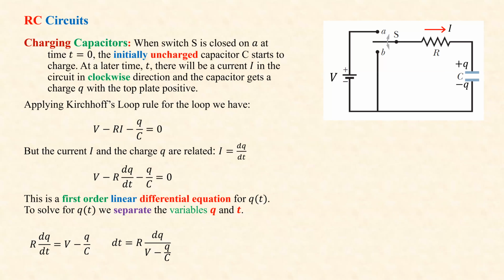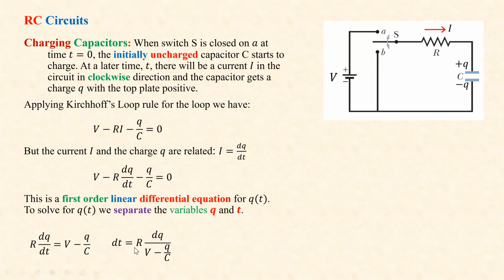And now you see that one side is only t, the other side is only Q. This is called separation of the two variables. Of course, Q is the dependent variable, t is the independent variable, but they are variables. So this way we separated the two variables.